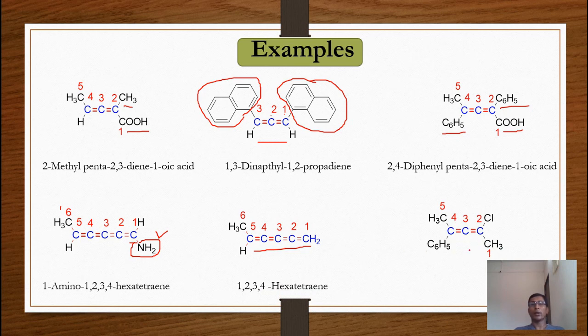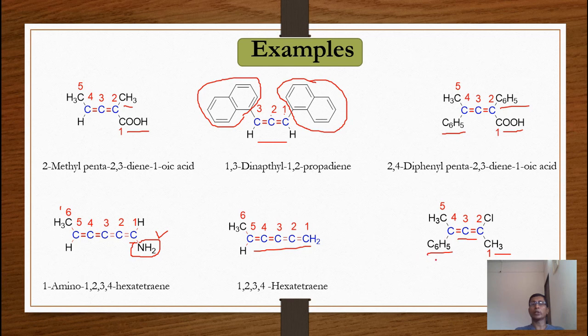Okay, now here we start numbering from this carbon atom: 1, 2, 3, 4 and 5. Thus the longest chain is of 5 carbon atoms. The parent alkane is pentane. Now this molecule has 2 double bonds at position 2 and position 3. Along with this, 2 substituents are present.